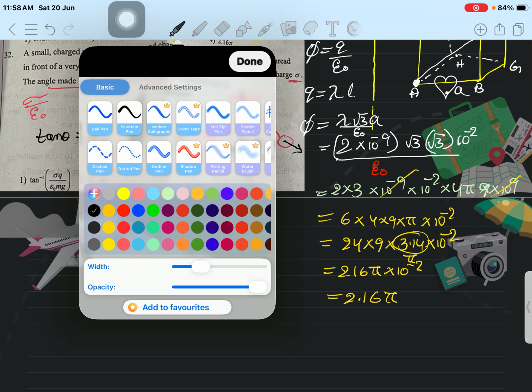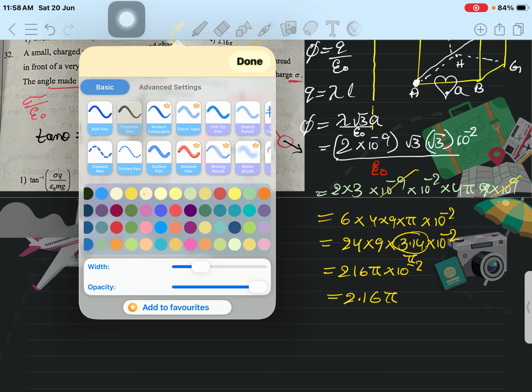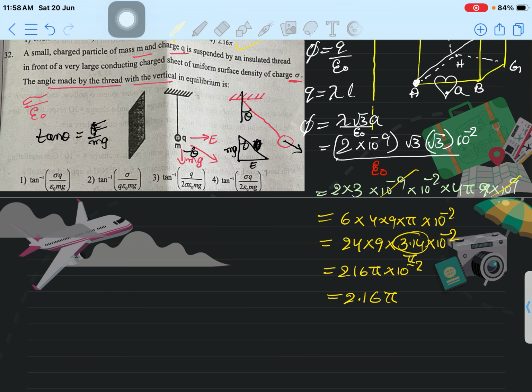Electric force formula is electric field into charge. So tan theta is equal to eq by mg, and theta is equal to tan inverse eq by mg.